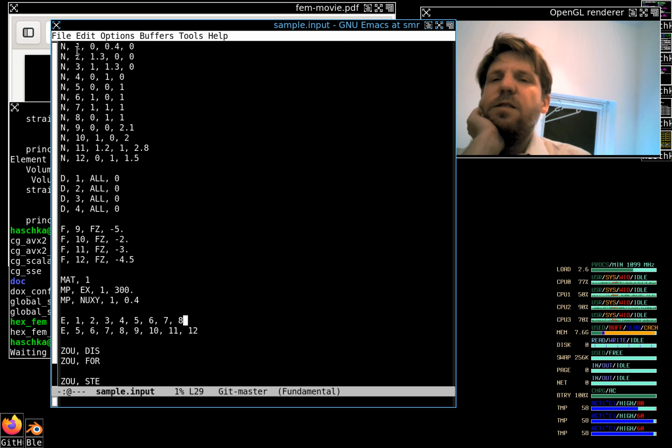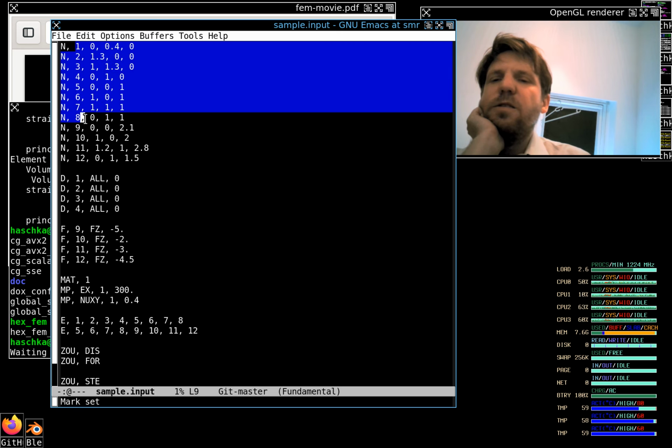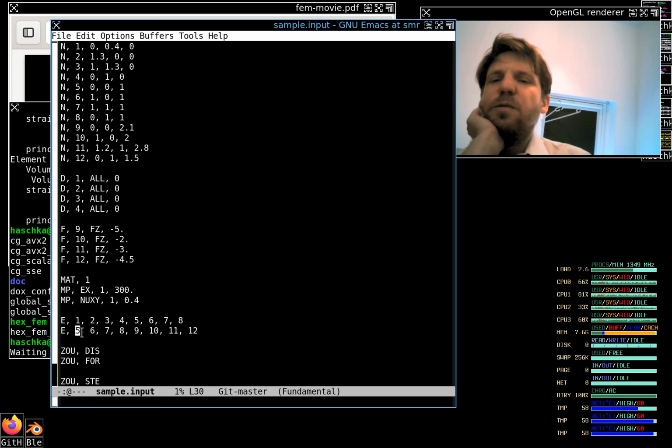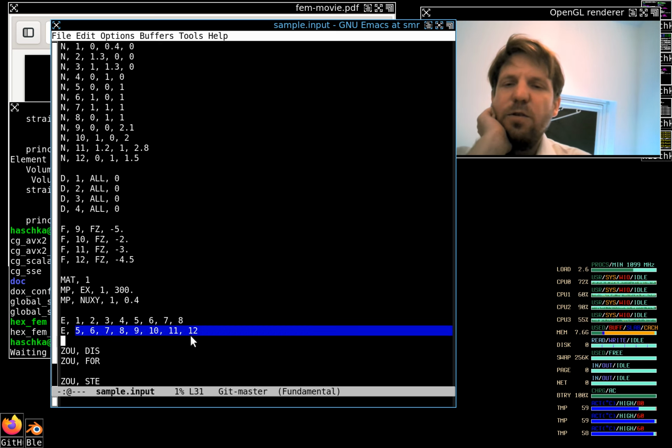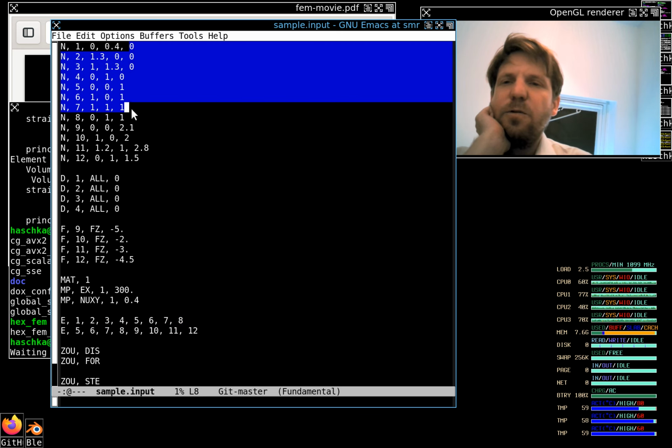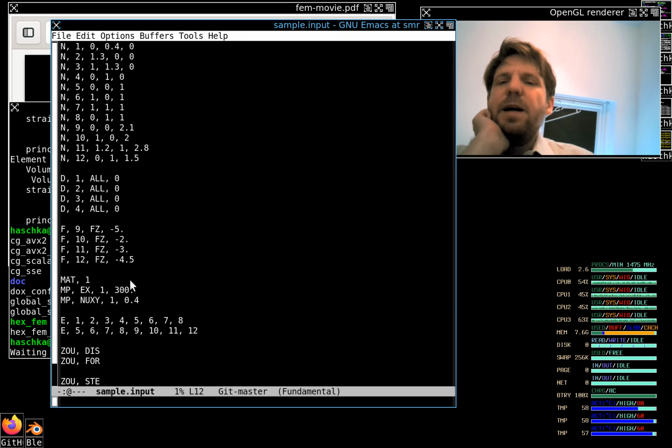So this is the first element, and these are the points that the second element is built of. And as you see, this here is the shared plane between the top and the bottom element. So this here is the top element if you think about it, and this here is the bottom element. Here's the z coordinate. That's the way it works.